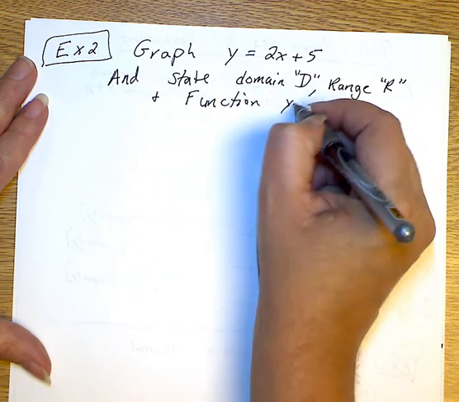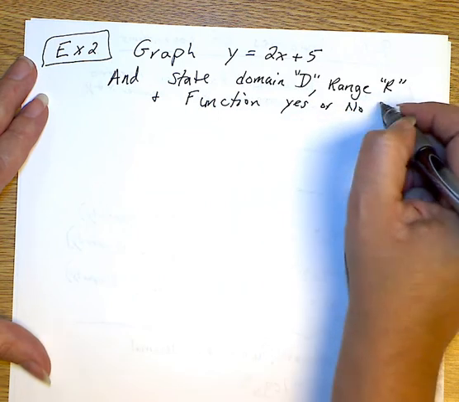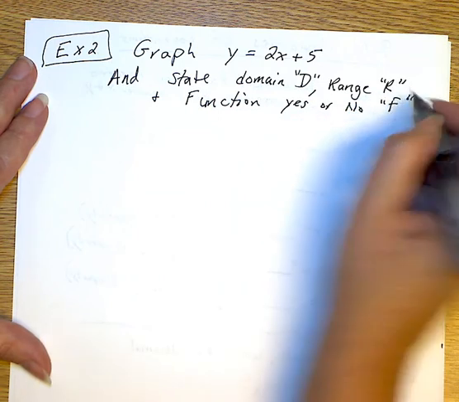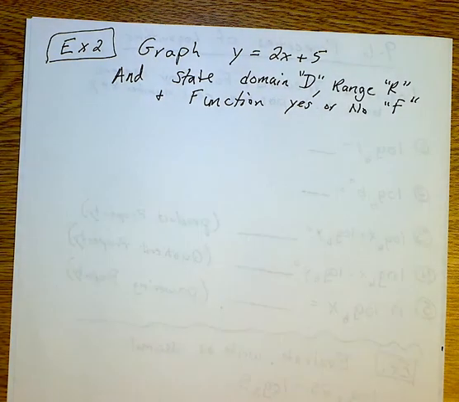Yes or no? After this one, I'm going to call it the DRF. So I'm not going to keep writing domain, range, and function, but I will write it for this one.